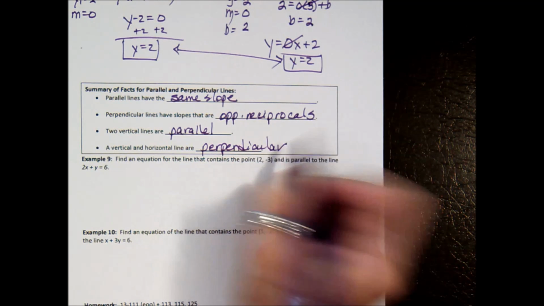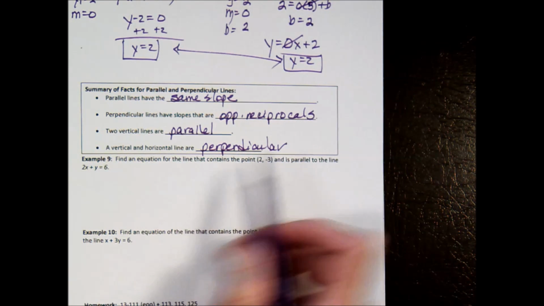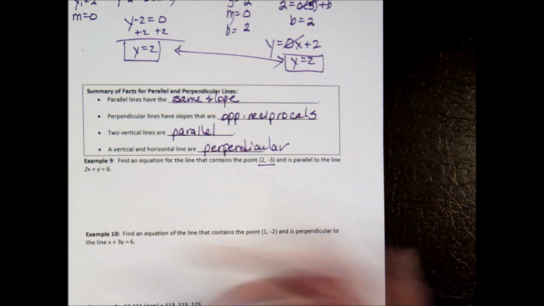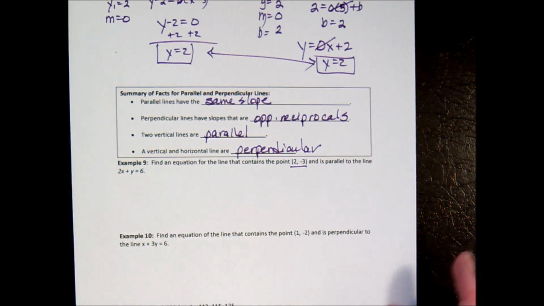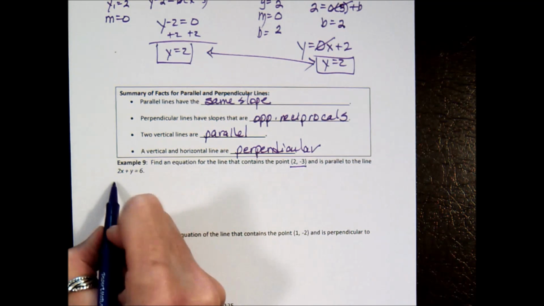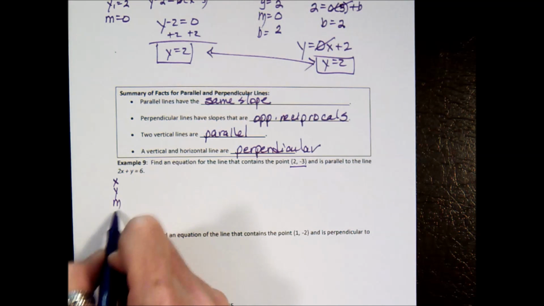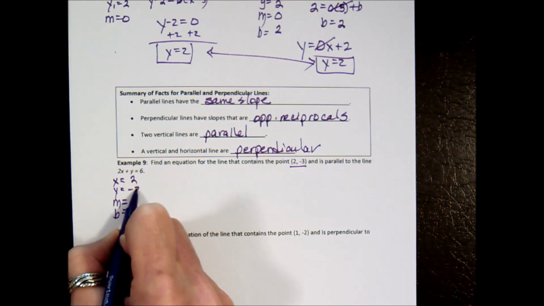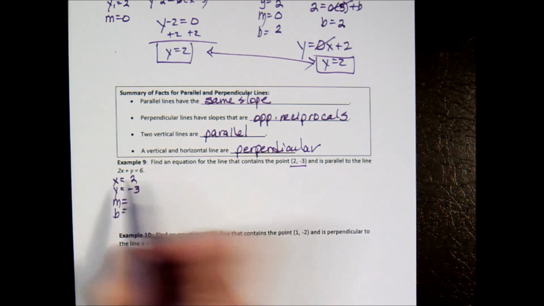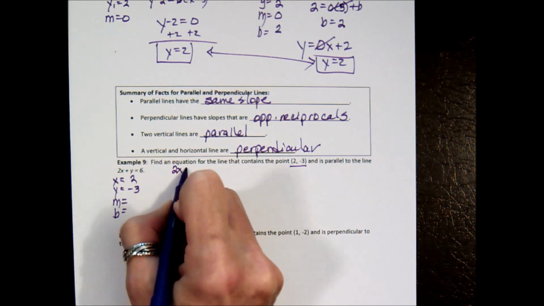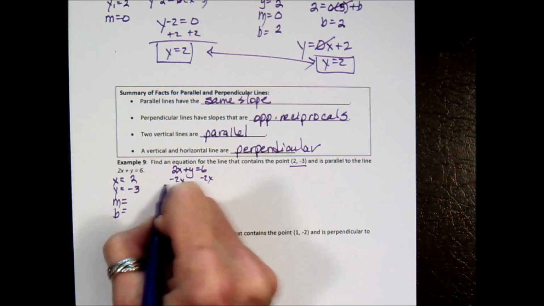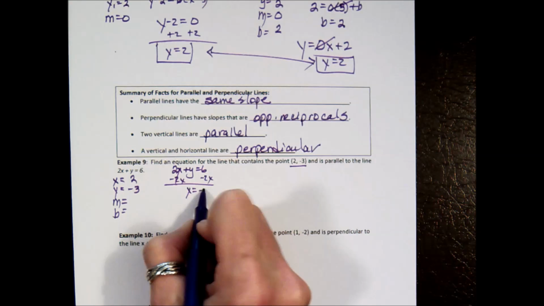So it says find the equation of the line that contains the point 2, negative 3, and is parallel to this line. I'm going to use the slope-intercept form because that's just the way I am more comfortable with it. So I have x, y, m, and b. My x here is 2. My y is negative 3. I don't know the m, but I can quickly find it. In the equation, 2x plus y equals 6, if I solve it for y, I have y equals negative 2x plus 6.